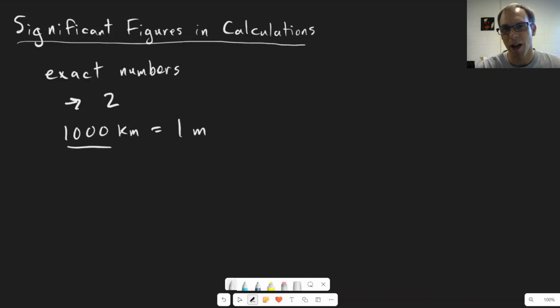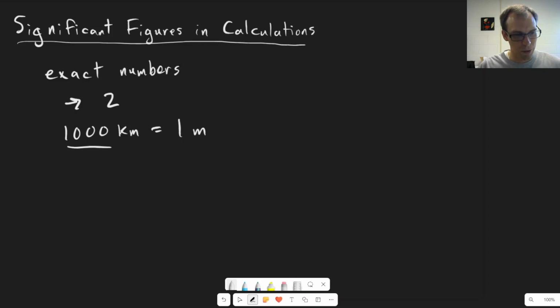But what if we want to do calculations involving numbers that have a limited number of significant figures, that are not these exact numbers? Well, there are rules that we follow that can tell us how many significant figures we should have in our answer, depending on how many significant figures are in the values we're either adding, subtracting, or multiplying and dividing.